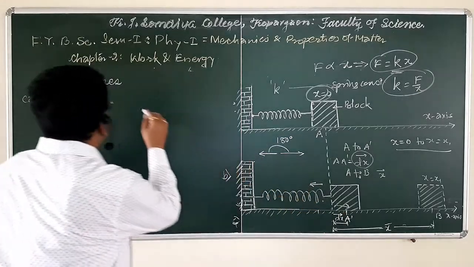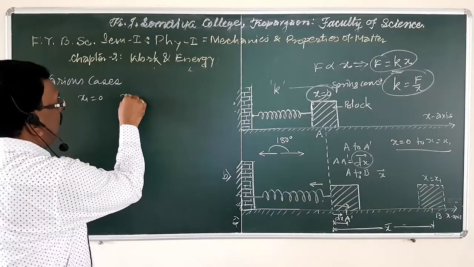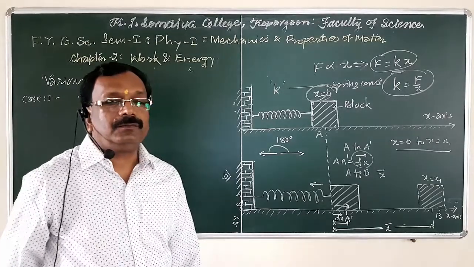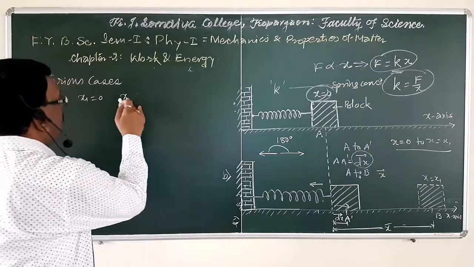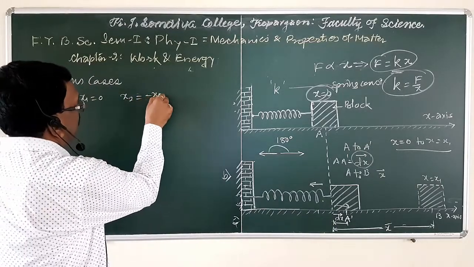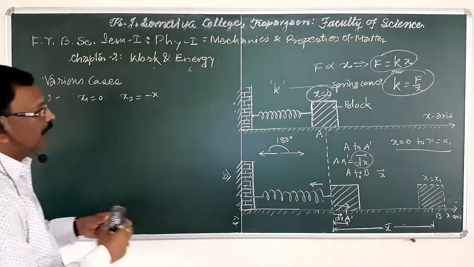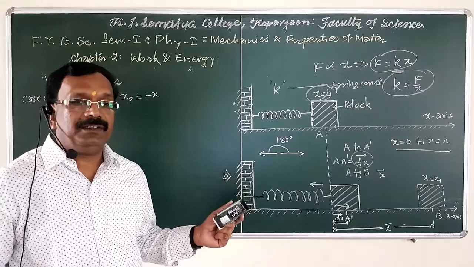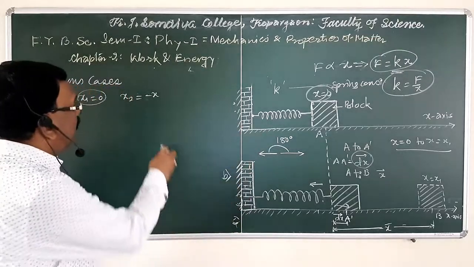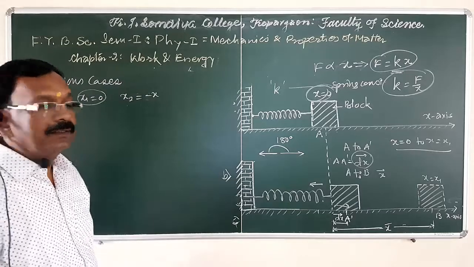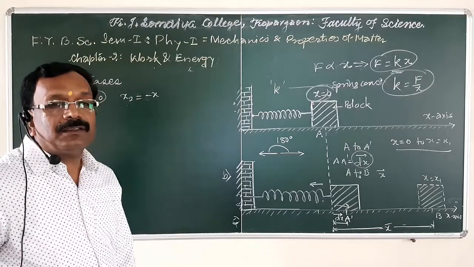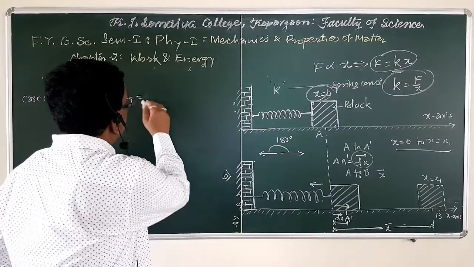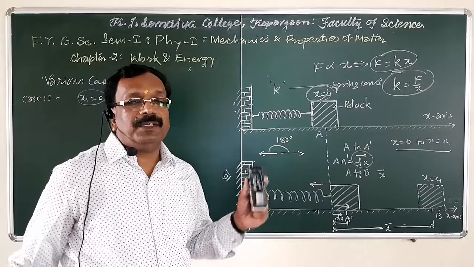Suppose this is the stretched position, that is x is equal to, okay, or we can say here x2 is equal to x. Look, initially the spring is in natural length, and when we stretch the spring, the displacement is x. This is the displacement.